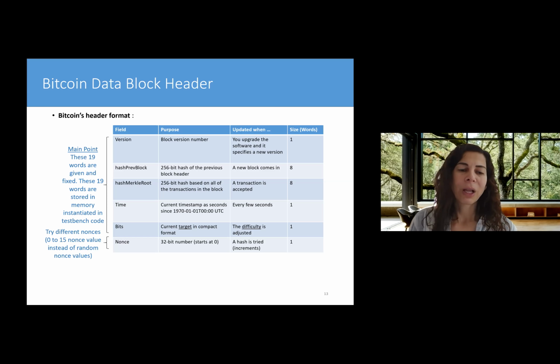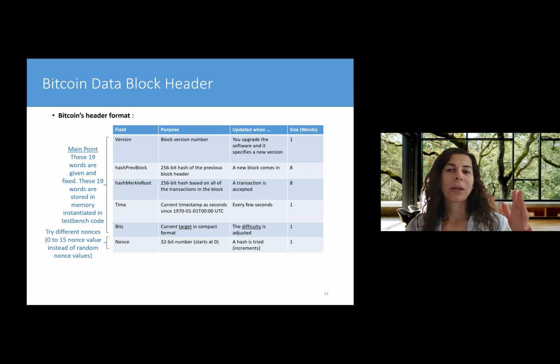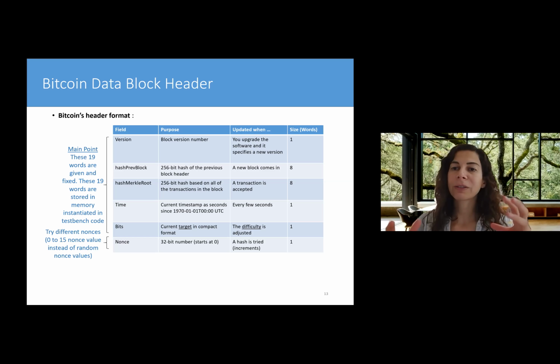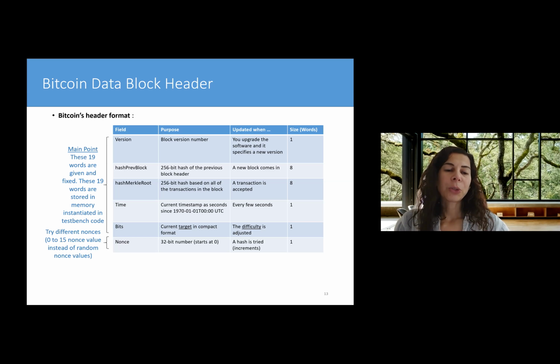But as time goes by, they adjust this threshold, because there are more entities trying to compute these hash values and mine, so they try to make mining more and more difficult by setting this threshold. Then there is a number used once, or a nonce, which is the variable that the people computing have the freedom to change.